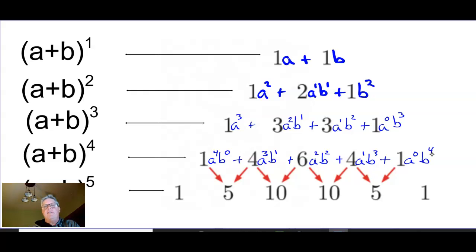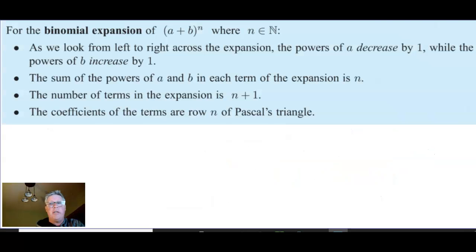I'll bet you can fill in the last one. Yes, this is exactly correct. There are no problems, and all you need is Pascal's triangle, and what a beautiful thing. Except, what if I did a plus b to the 37th? It's a big Pascal's triangle, so sometimes there are limitations, but for the first 5, that's pretty sweet.